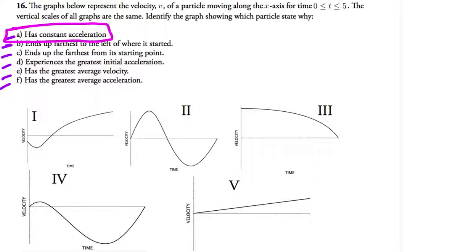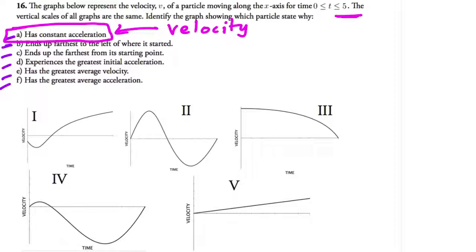Okay, so the question is which one has constant acceleration? Well, what does constant acceleration have to do with velocity? For acceleration to be constant, it looks like a horizontal line.